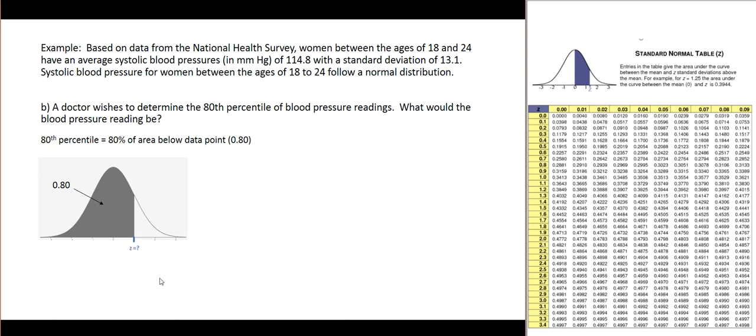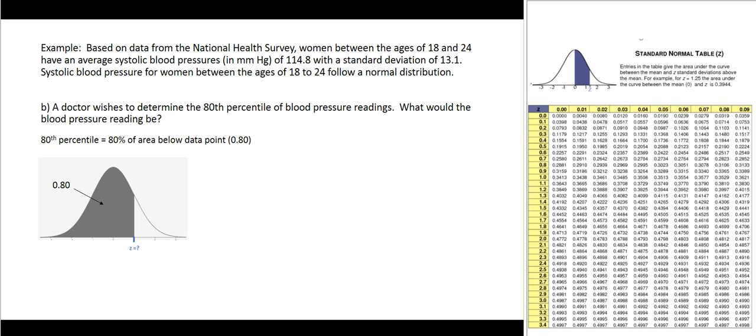So we're going to go a little bit backwards here. I'm going to look for 0.8 in the body of this table. So this is going to be a little bit more difficult. So 0.8. Okay, so we notice that on here, it looks like everything goes up to 0.5. So we have to be a little bit tricky. Notice that this gives us only that area between 0 and our z-score.